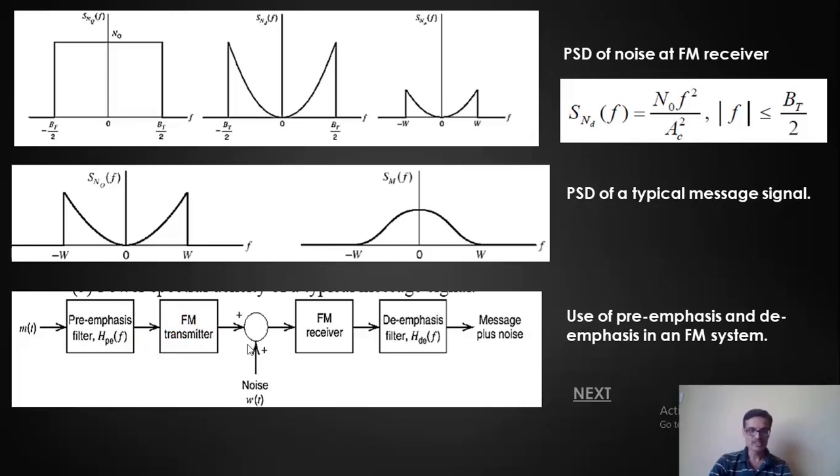Then some noise will be added in the channel. After receiving and demodulating the signal, we pass it through a de-emphasis circuit. In pre-emphasis, we increased the amplitude of only the high frequency signals. In de-emphasis, we have to decrease the amplitude of only the high frequency signals, and thereby we can minimize the impact or the effect of noise.